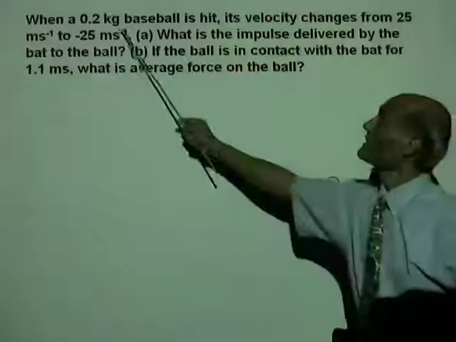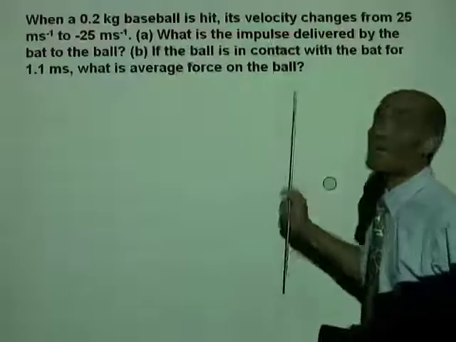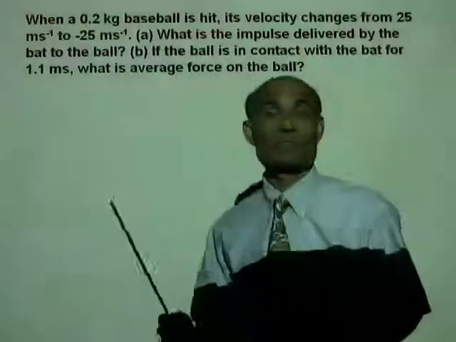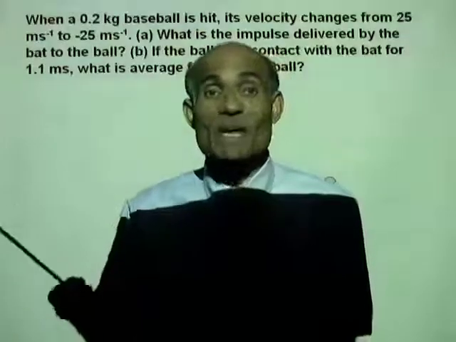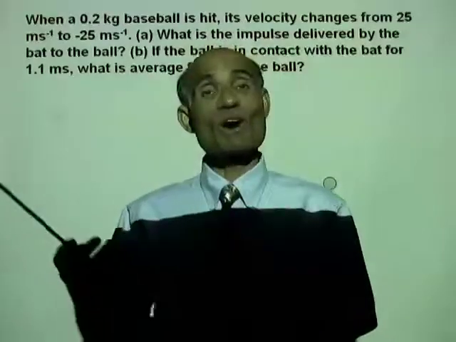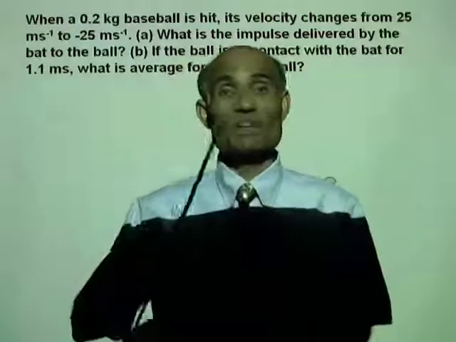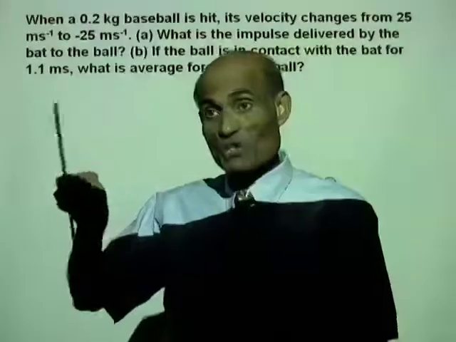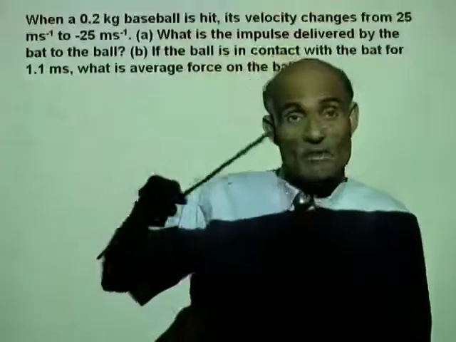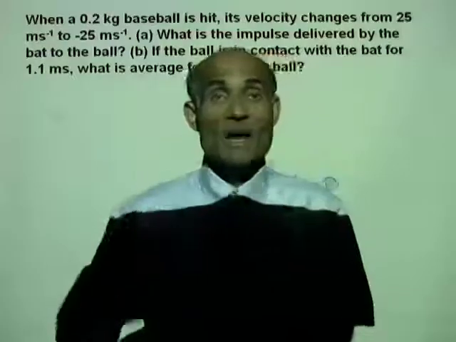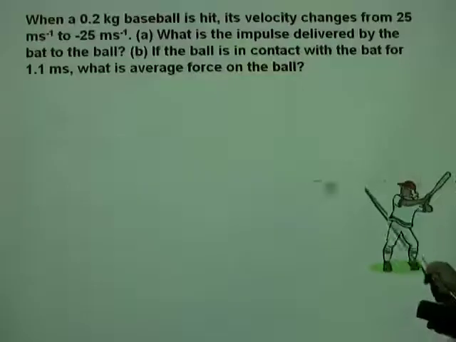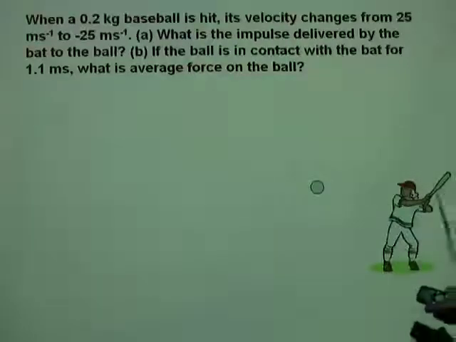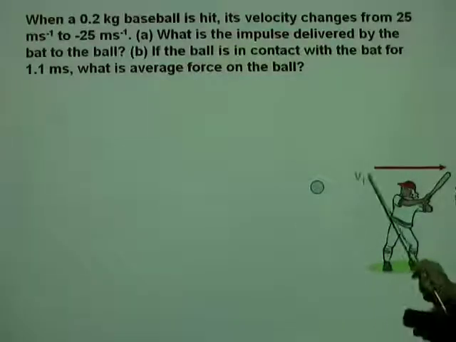Well, in order to calculate the impulse, it is a simple calculation of the change in momentum. Impulse is a measure of the change in momentum. So let's calculate the initial momentum and then the final momentum, and that will help us to calculate the change in momentum. So here the ball is hit by the bat.